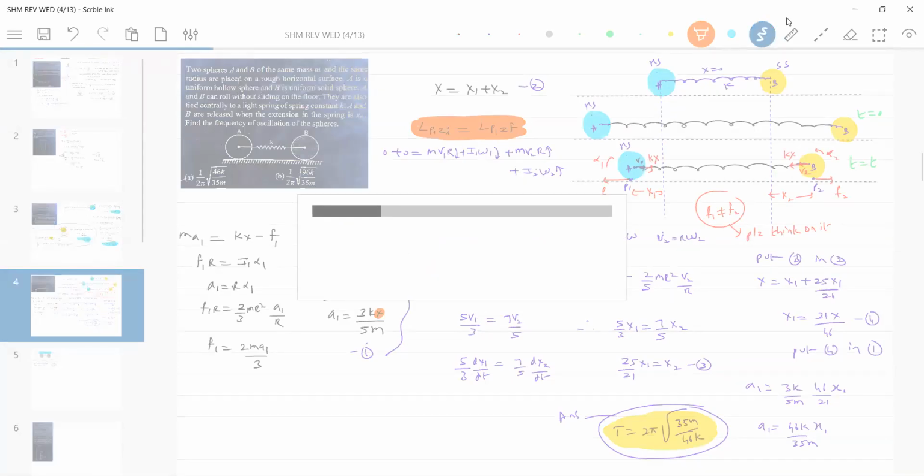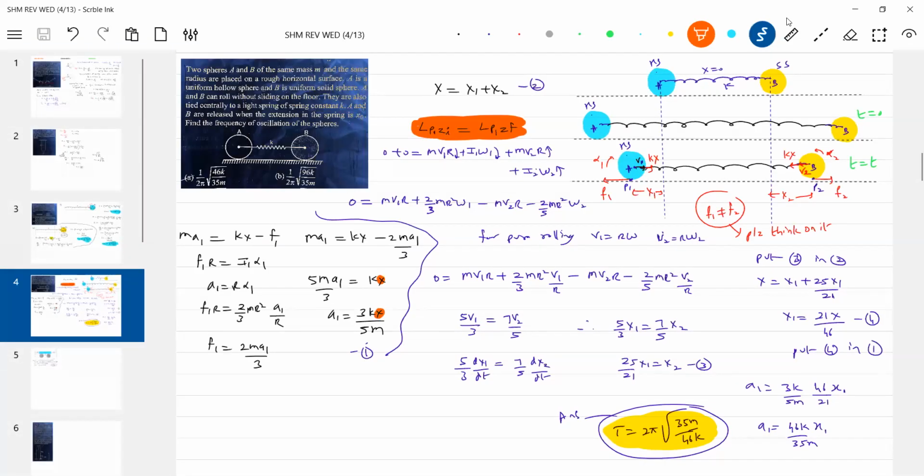If both are hollow spheres, tell me what will happen. If both were hollow spheres, any changes will you make to the problem? Please do think. If both were hollow spheres, then friction will be the same.